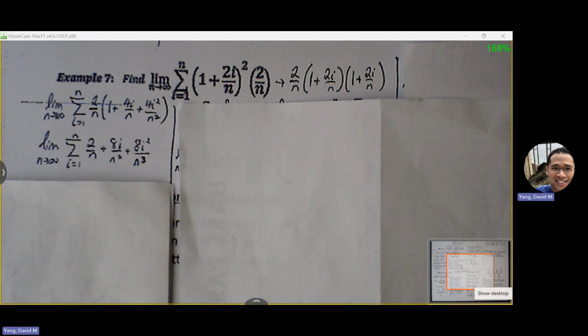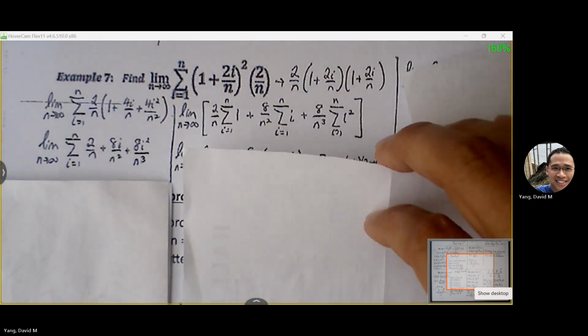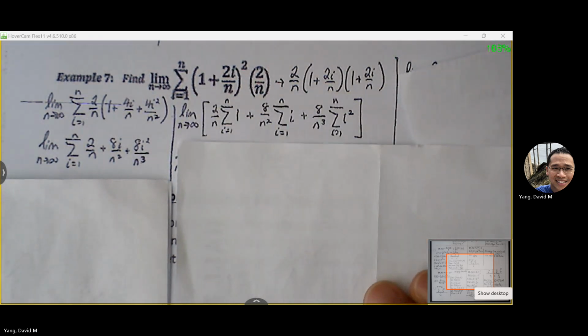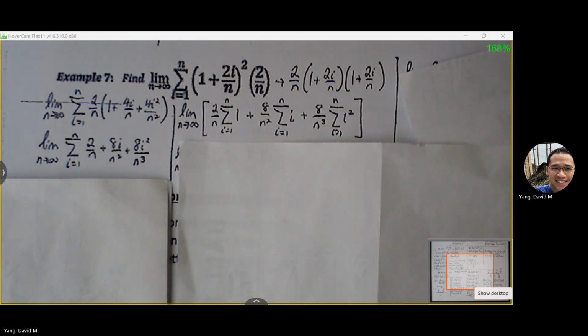So I'm going to attach the summation to each of my fractions. And along the way, I'm going to push out anything that's not part of my rule as a coefficient. So summation of 2 over n, summation of 8i over n squared, summation of 8i squared over n cubed.